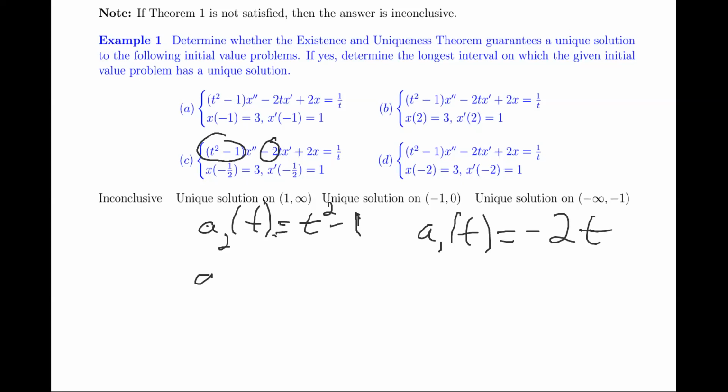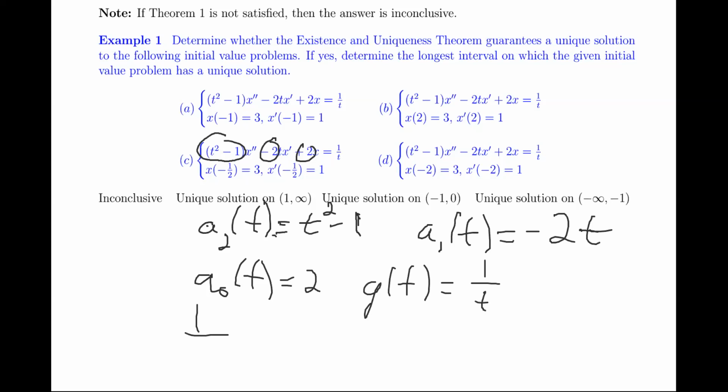Our a sub 0 of t is 2. Our g of t is 1 over t, and 1 over a sub 2 of t is 1 over t squared minus 1.